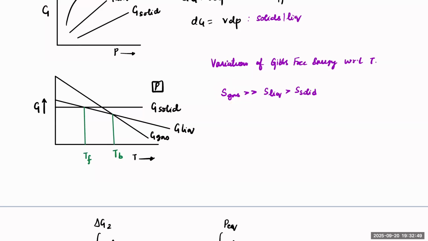So gases usually have a steep slope like this, because it is minus S. As the temperature increases, the free energy factor decreases, because it has higher entropy. Then liquids will go almost like this. For solids, you'll hardly see much noticeable change. Clear, everybody?